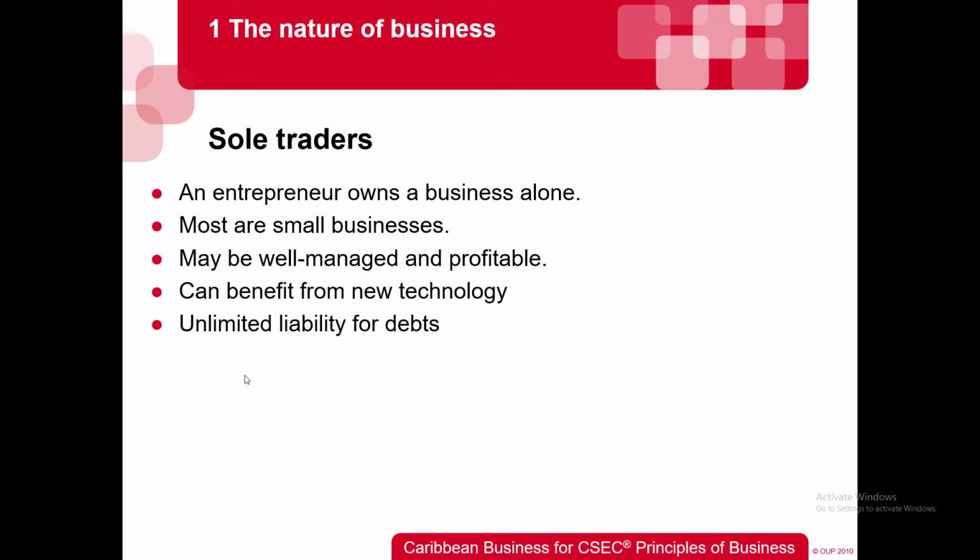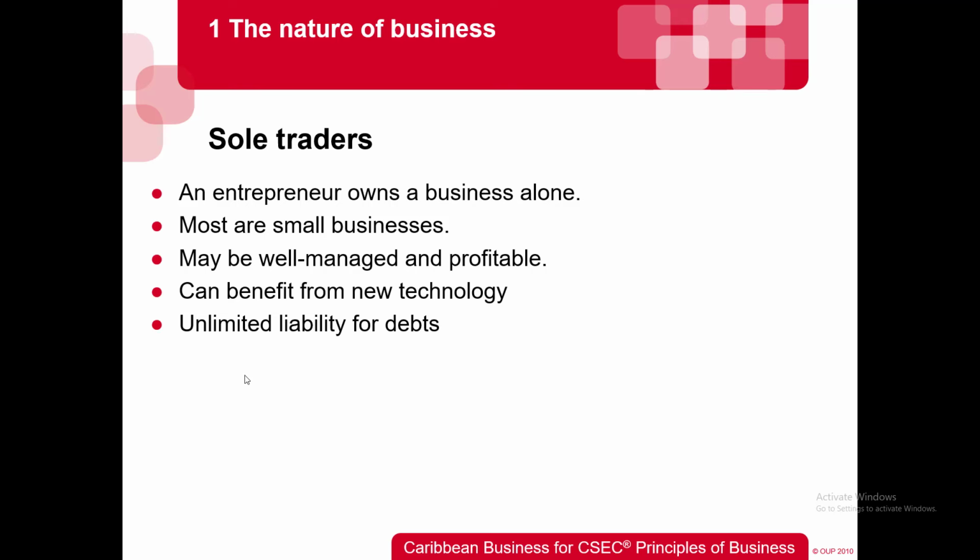Now the thing about a sole trader is this. The person going for the loan is the owner of the business, and the name on the loan is the owner of the business. So it's not like you're going for a loan for, let's say, your company called Flashy Cuts Barbershop. No, you're not going for a loan for Flashy Cuts Barbershop.